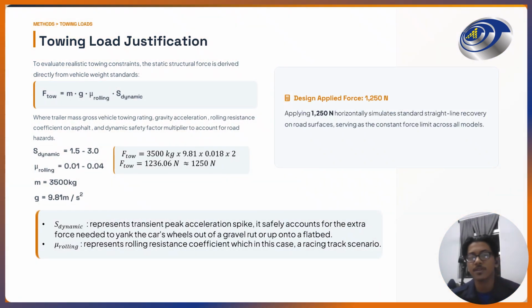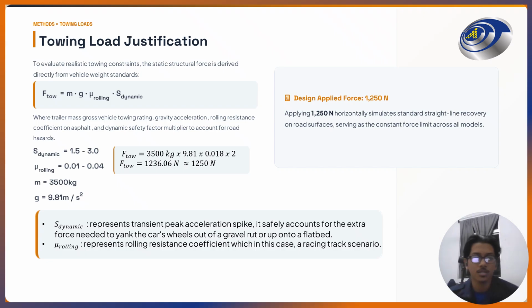Towing load justification. We justify our structural mechanical force via standard rolling resistance physics. Our formula is: tow force is equal to mass times gravity times the coefficient of rolling resistance times the transient peak acceleration spike.